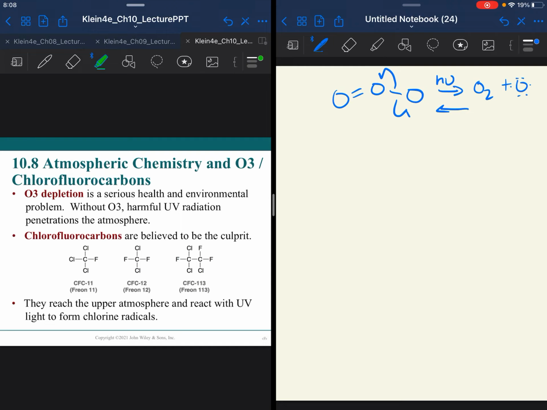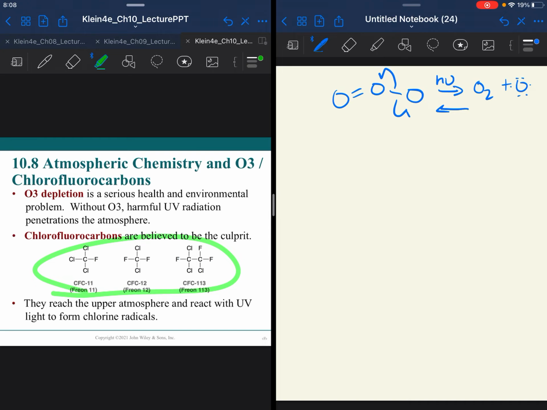This was something that I remember as a kid being really big news, where ozone depletion was a significant environmental problem. And there are different chemicals that cause that. Chlorofluorocarbons, CFCs, are definitely something I remember hearing about. You have a handful here to look at. These are all freons.